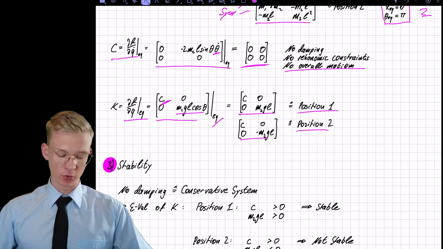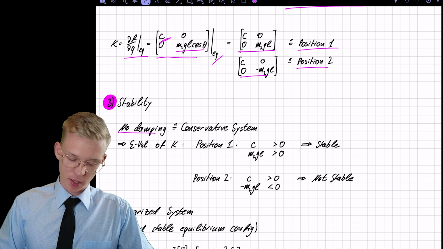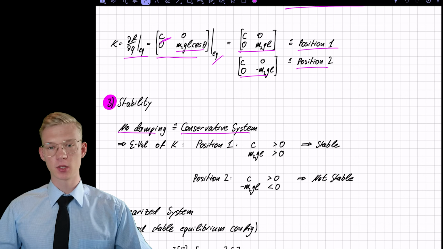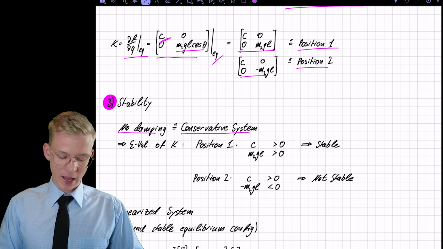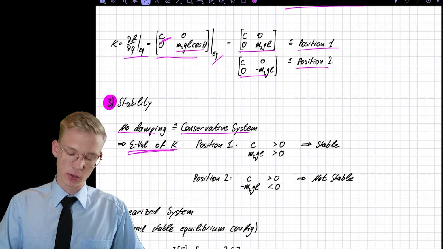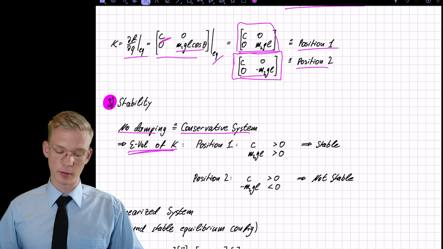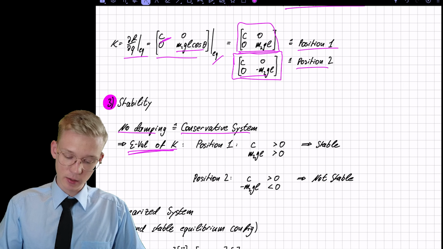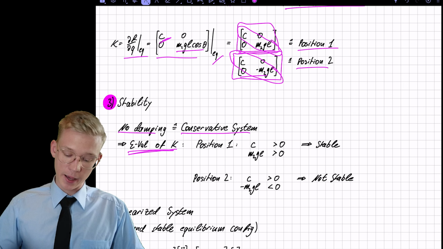Now comes the time to analyze the stability. Because we have no damping, we have a conservative system, and of course no overall motion, so it's enough to look at the eigenvalues of K. And this is very convenient because K in our case is a diagonal matrix in both positions. If we just have a diagonal, these are our eigenvalues.